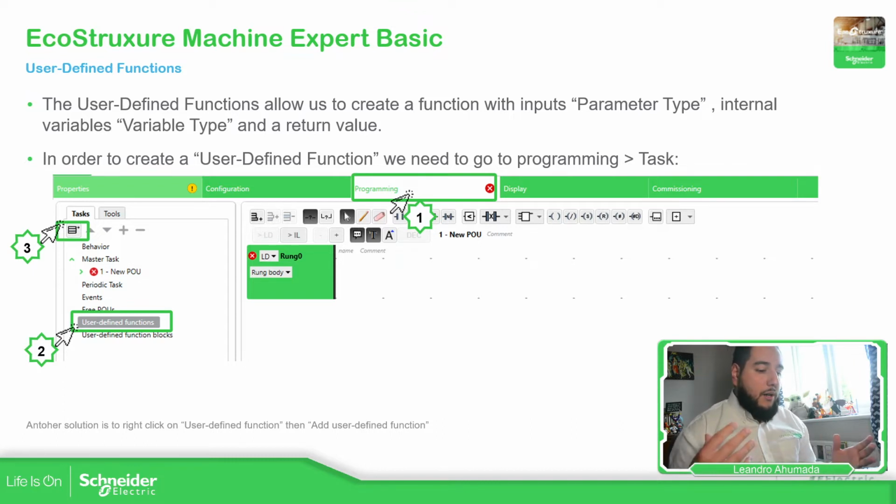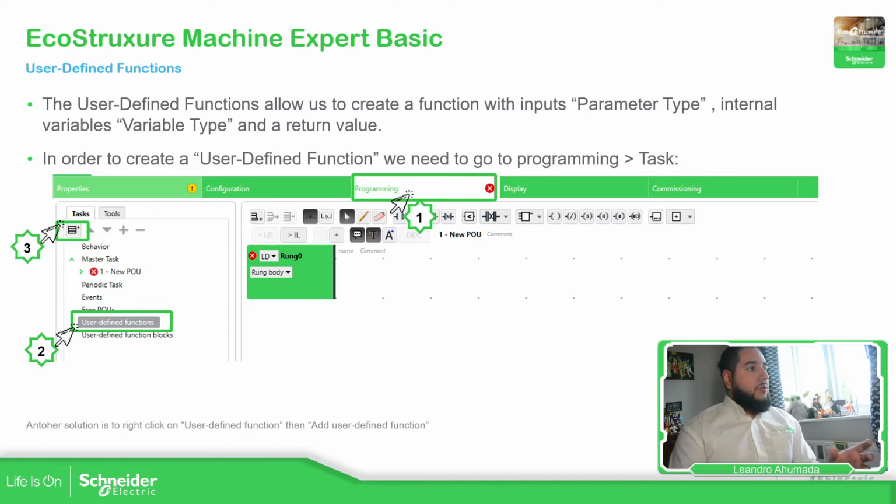For example, if you are trying to calculate the average value for analog inputs, and you have several analog inputs, you can use this user-defined function that you have created, so you don't need to duplicate the code, and you can optimize the code that you have.